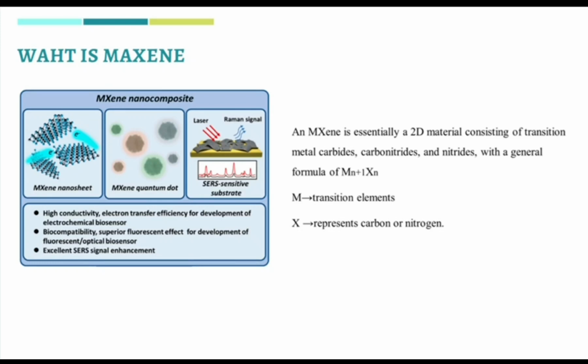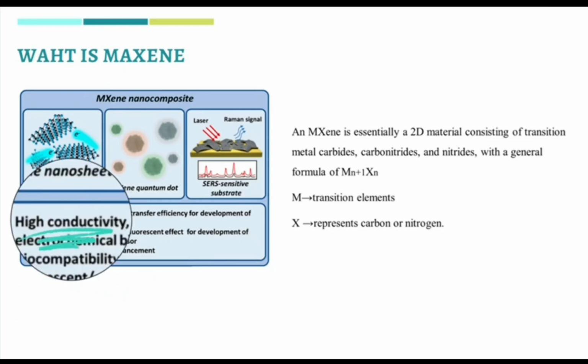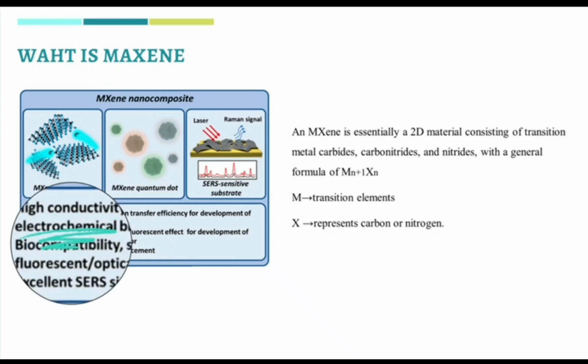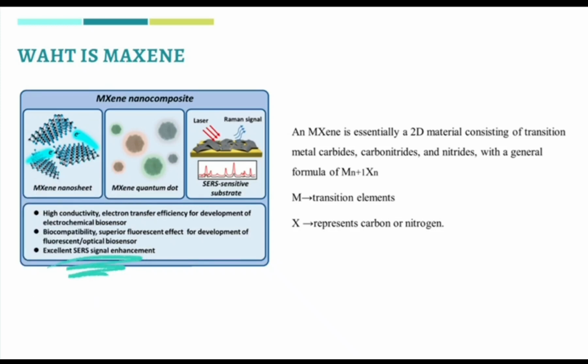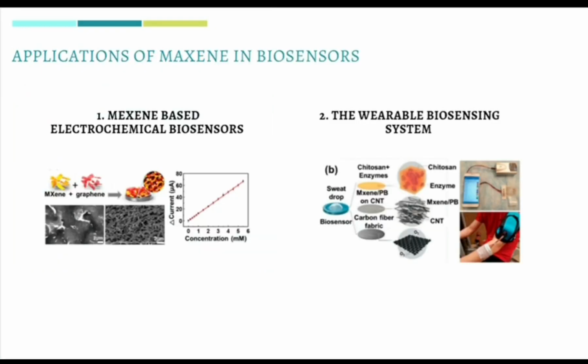Here are some characteristics that MXene has. First is high conductivity, second is biocompatibility, and the last one is excellent SERS signal enhancement. These three characteristics make MXene a material that is really suitable for biosensors. Next, I'm going to introduce two existing applications of MXene.